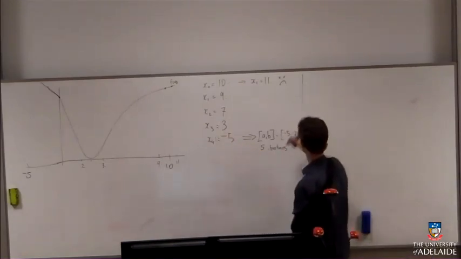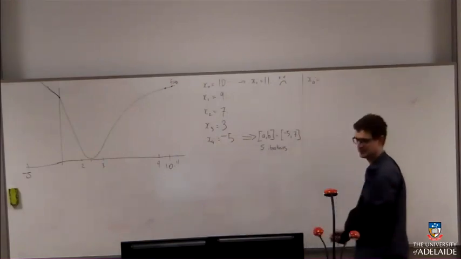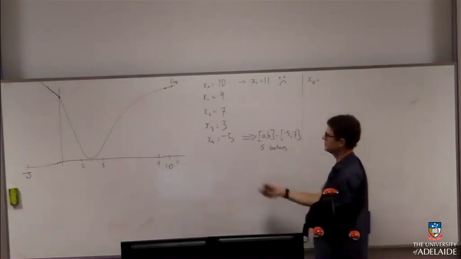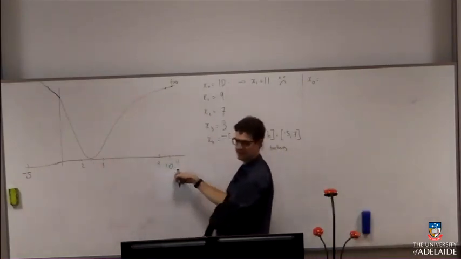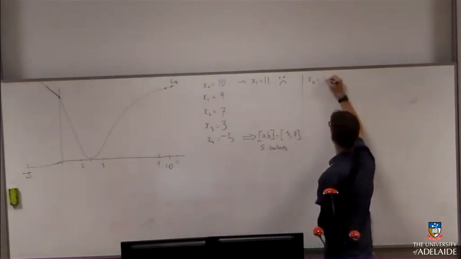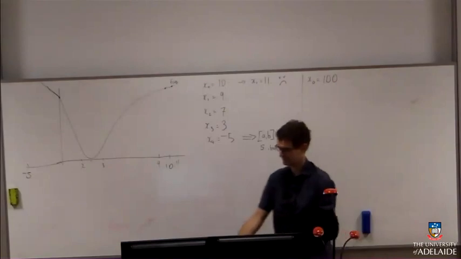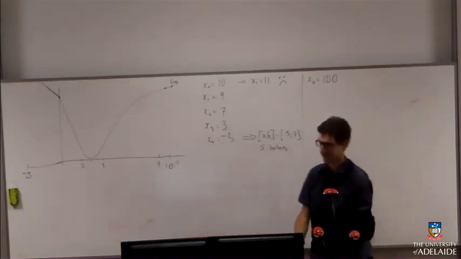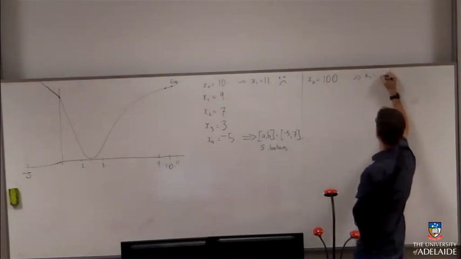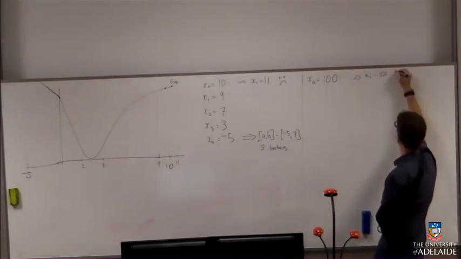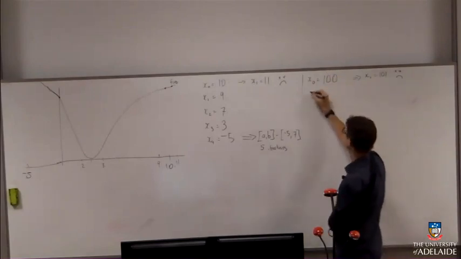Just to drive the point home at how quick this is, let's say that we were even stupider in guessing where the minimum of this function is. We had no idea. We did math wrong, we guessed wrong, and we figured that x naught might be somewhere around 100. So the first thing that we'll guess is x1 is 101, but my function's going to be increasing forever, so I'll head back in the other direction.